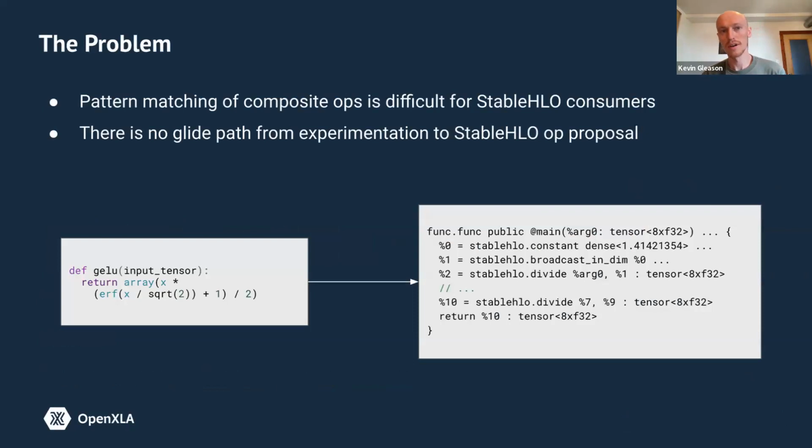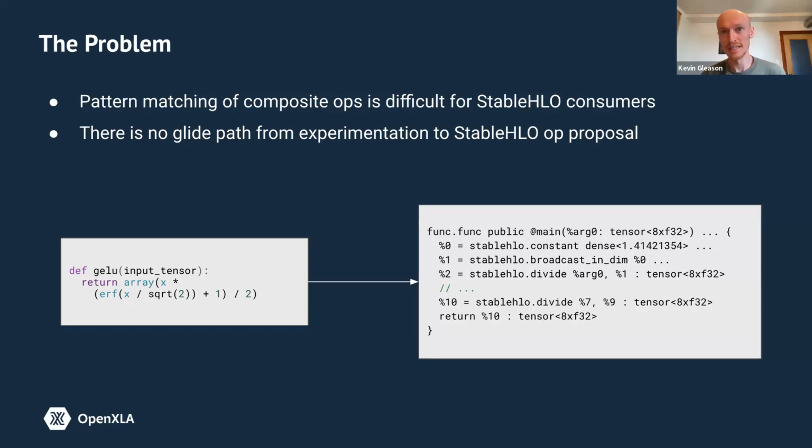So at the core of issues revolving around extensibility is that StableHLO doesn't provide a great way to capture arbitrary abstractions from framework to compiler. So in the example at the bottom here, we have a GELU operation defined in Python. This is largely a framework agnostic definition of it.